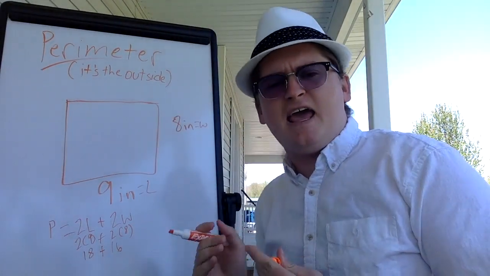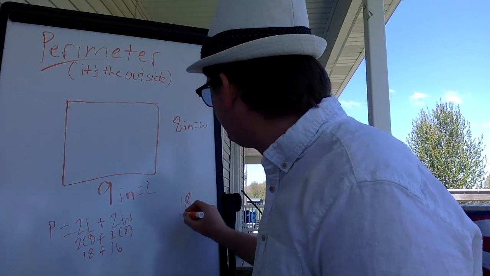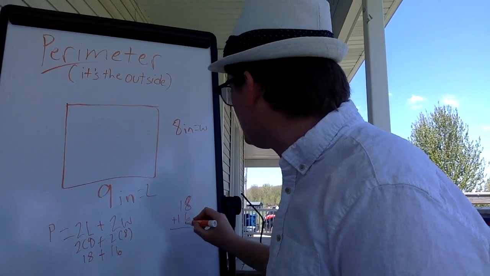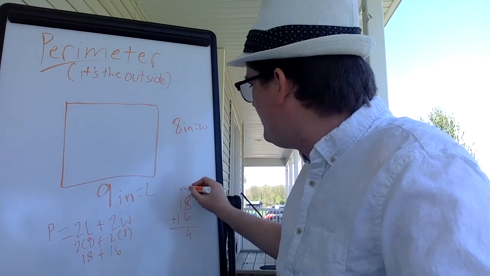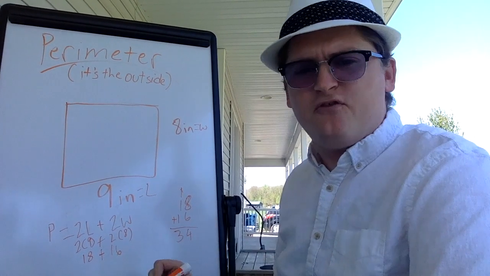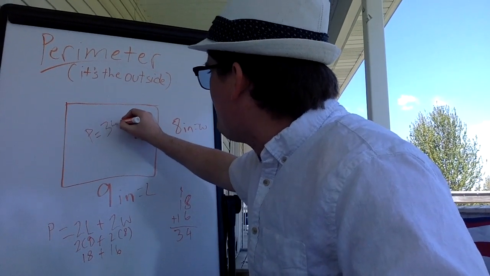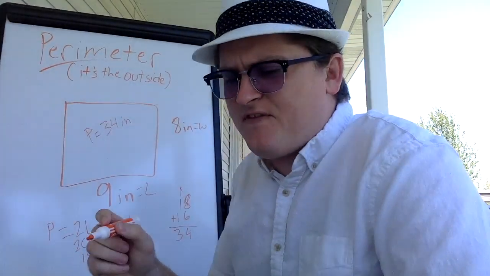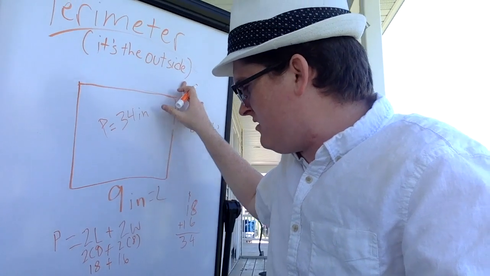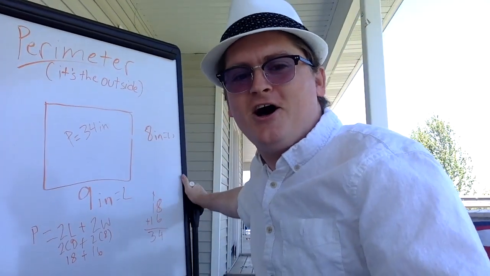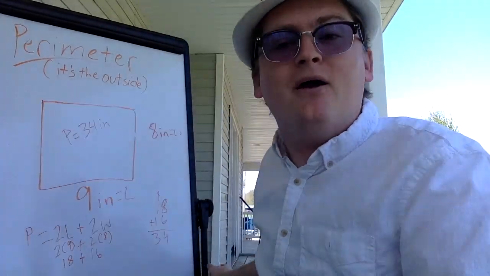Then 18 plus 16: 8 plus 6 is 14, carry the 1, and I get 34. So P equals 34 inches. If I were to write that in word form, I would say Paige needs 34 inches of wood. That was a big old win right there.